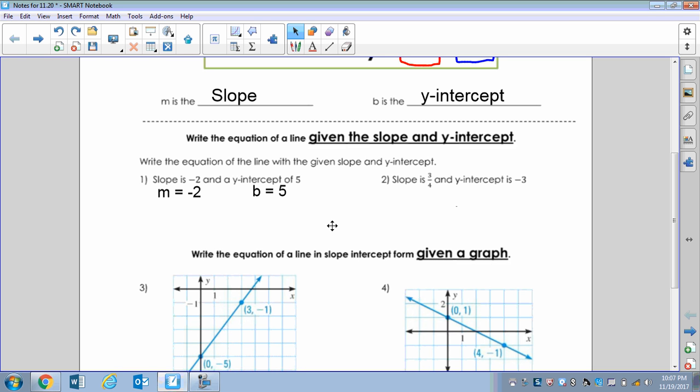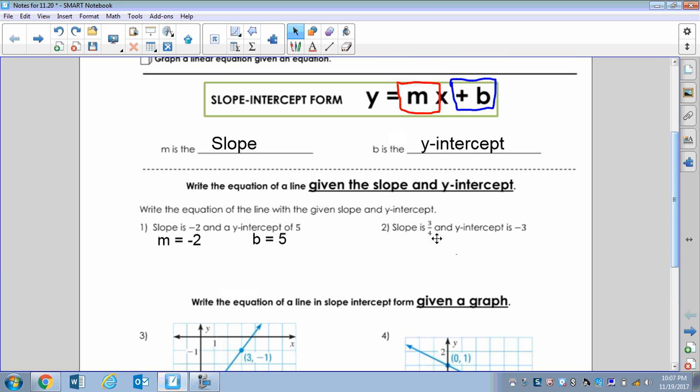Now all we are going to do is put that into the spots. So y equals m, which is -2, x plus b. And since our b is positive 5, it's going to stay addition. So y equals -2x plus 5.